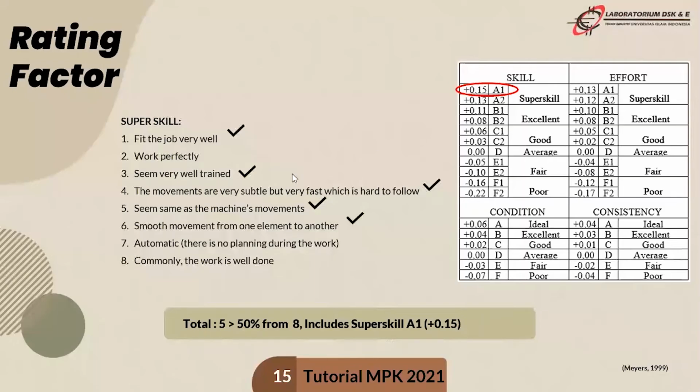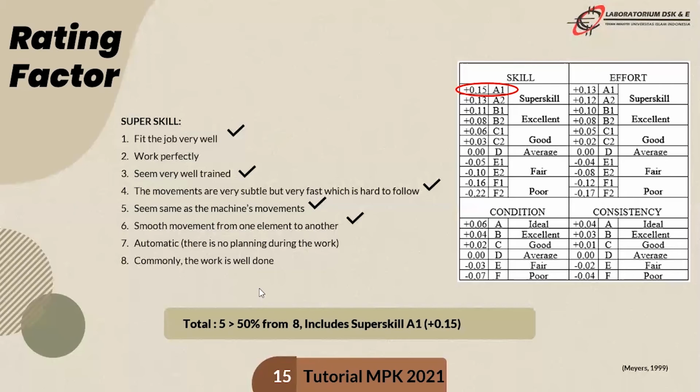Now in this slide is an example of how we should decide the score for each factor in this rating factor. In this description, the checklist represents how the worker does their job. For example, he fits the job very well, he seems very well trained, the movements are very supple but very fast, which is hard to follow, and seem the same as a machine's movements, and the last is smooth movement from one element to another.